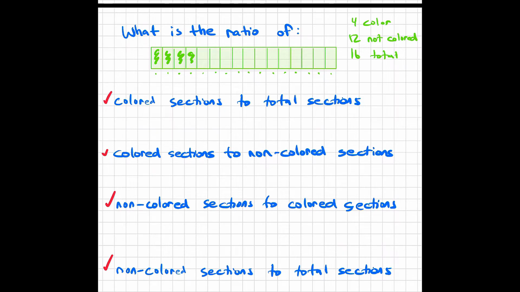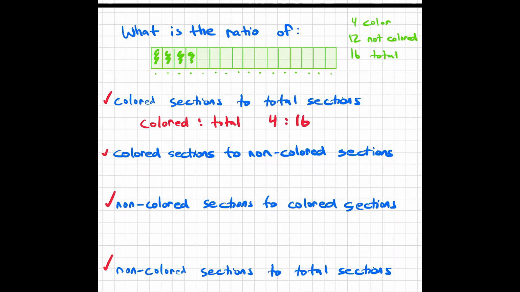So the first one is saying, what is the ratio of colored sections to total sections? Okay, so again, what is the colored section? It is 4. And what is the total? 16.